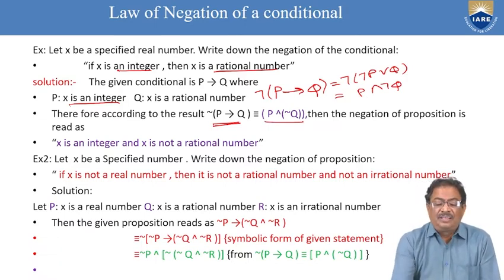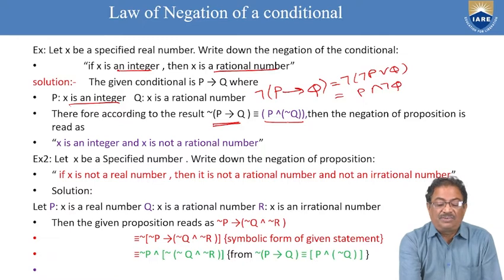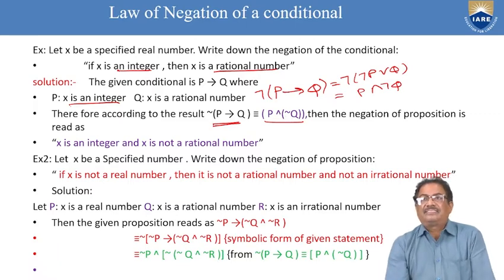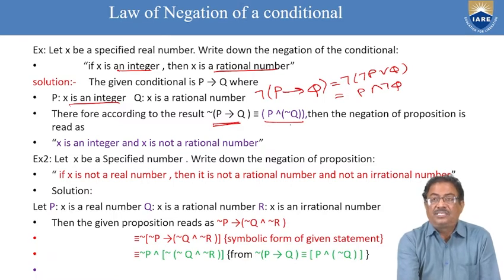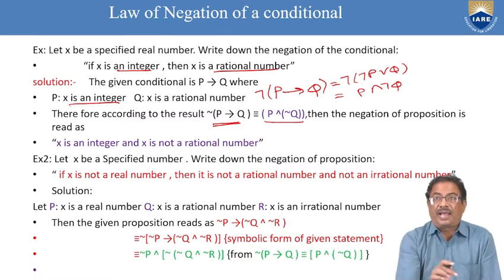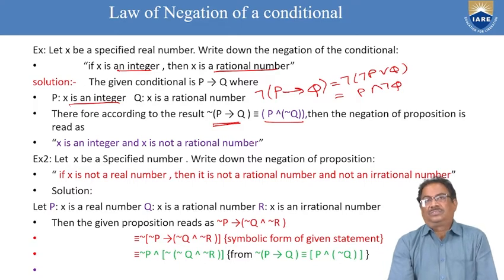Then we can say that according to this, the negation of this is this. So we are going to use this. What is this? If X is an integer and X is not a rational number. So the negation of this conditional, using this concept, we write in words.